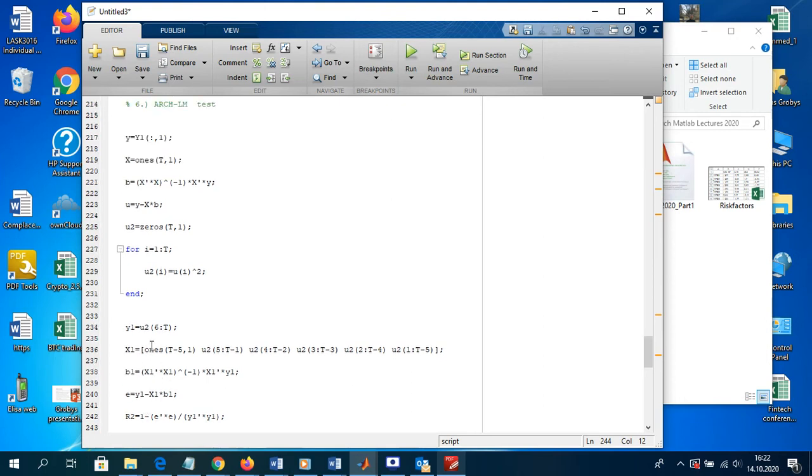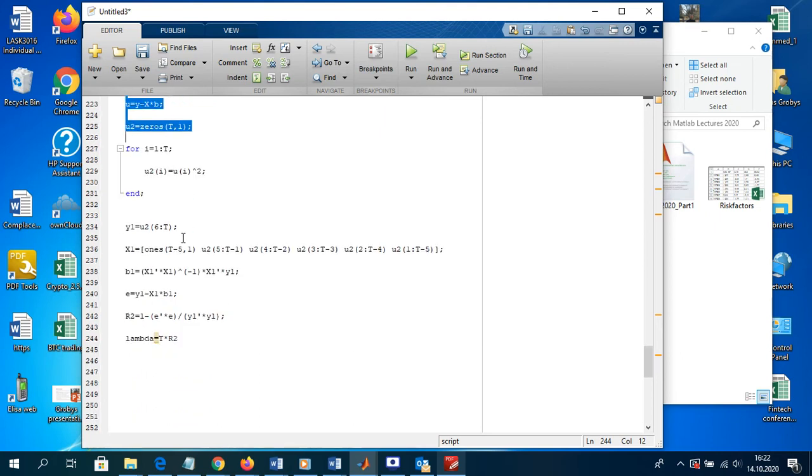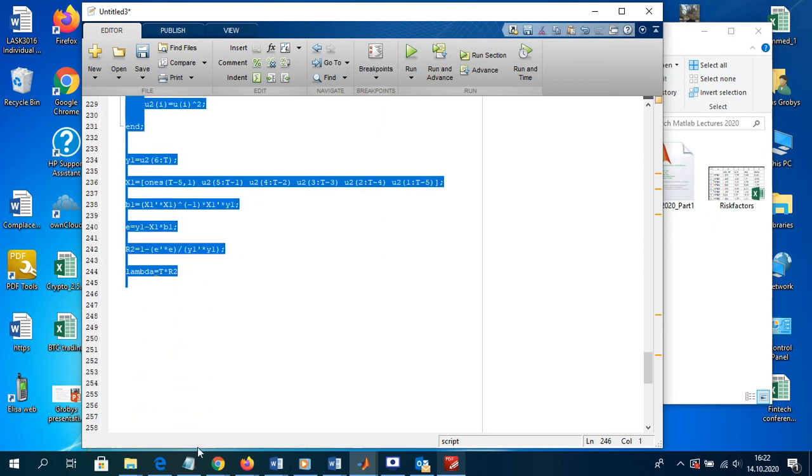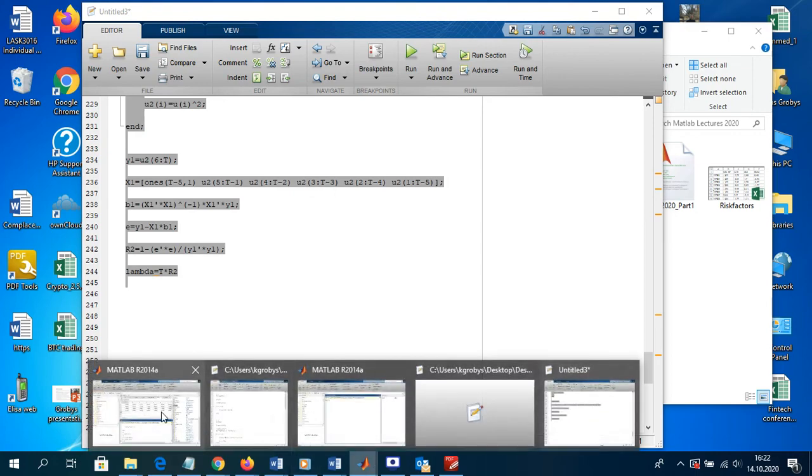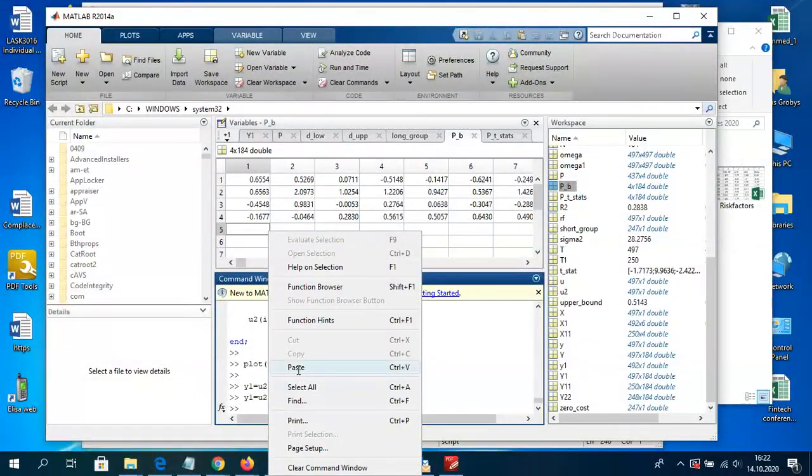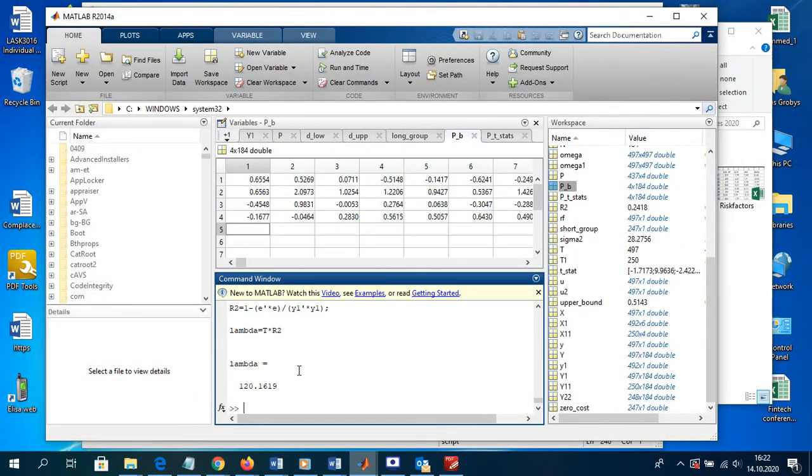So let's do this. Let's copy the whole code and see what comes out. Paste it into the command window. So the test statistic is estimated at 120.16.